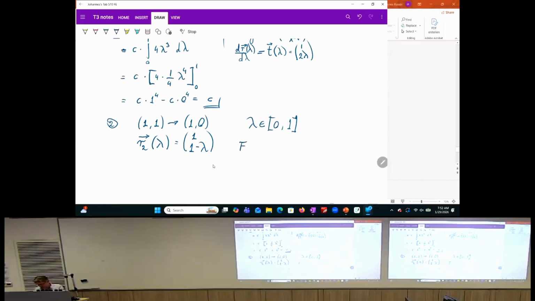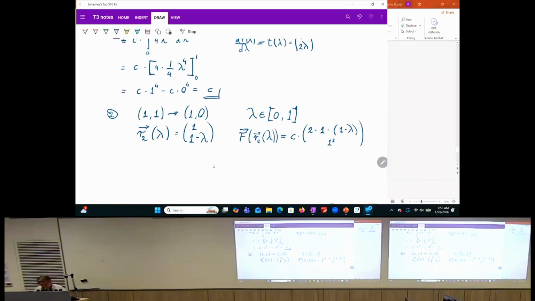So the parameterized force field is c times now 2, that is the 2 that we had as the original factor. Then our x becomes 1, and our y becomes 1 minus lambda. And here our x squared becomes 1 squared.